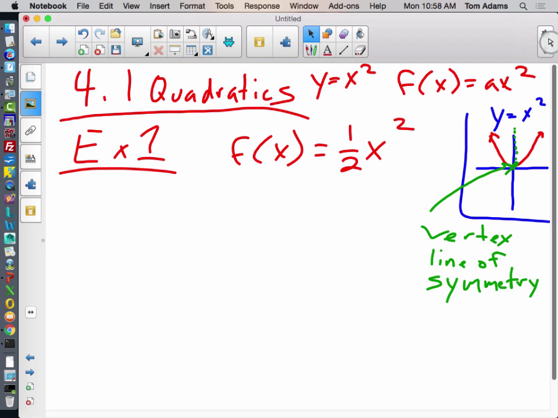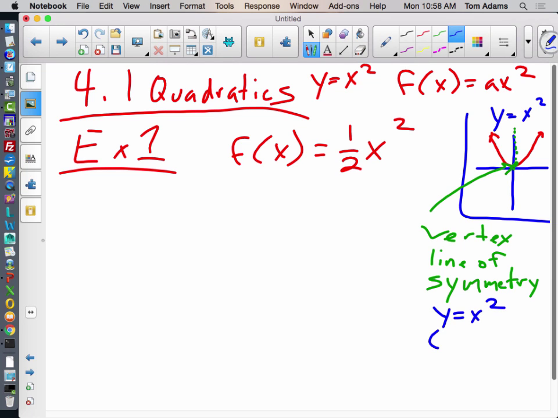Okay? Now in the parent function, the vertex is always 0, 0, and the line of symmetry is x equals 0. So on this parent function, y equals x squared, the vertex is always going to be the origin.